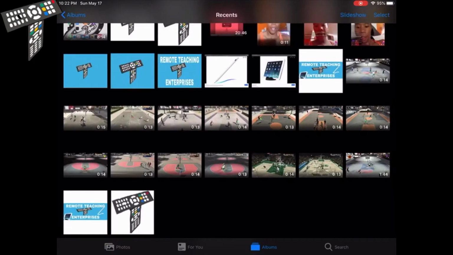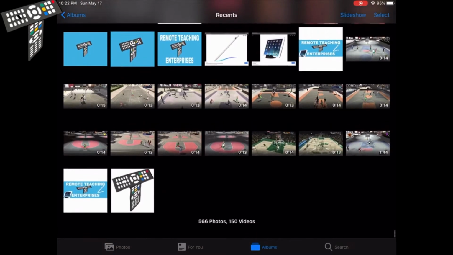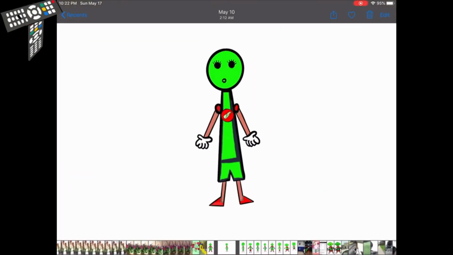So that's just one idea. And then I have these characters that I created. It's going to be really funny because I'm learning how to animate. When I finish the idea that I had with these characters, I think my students are really going to get a kick out of it. The purpose behind them is so that my students can know their shapes.